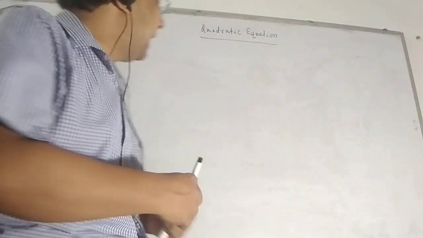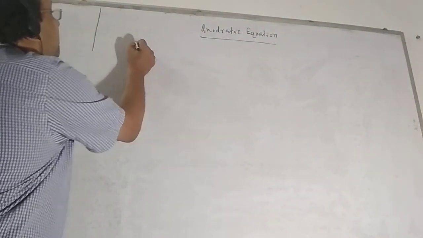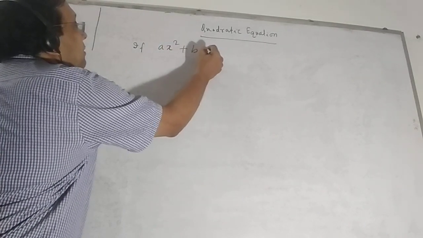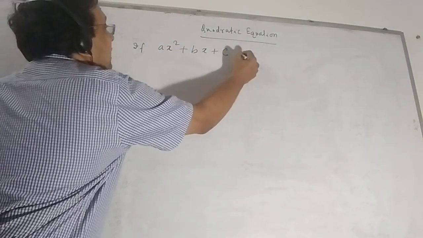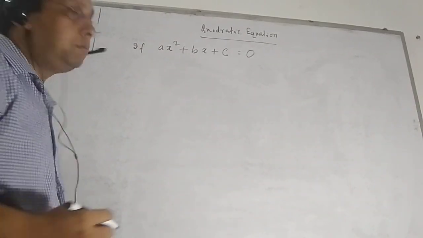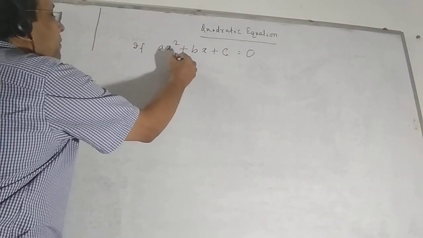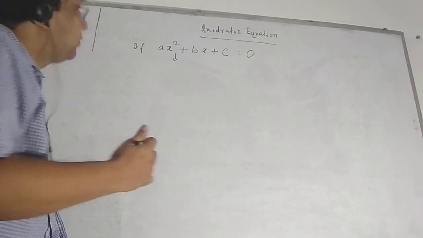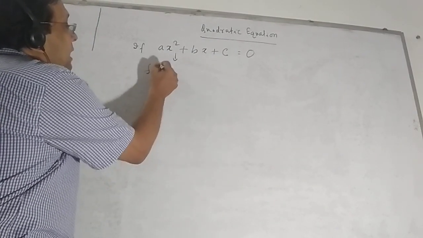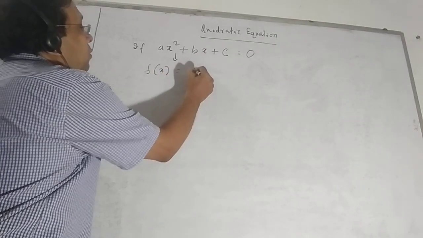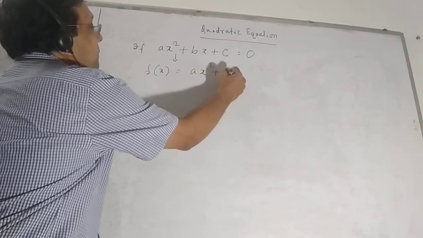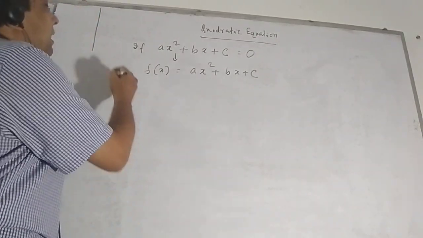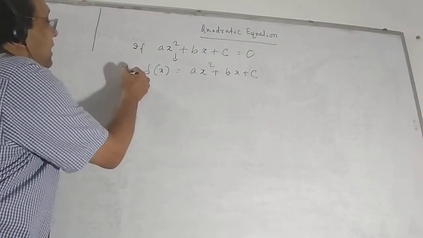So if ax square plus bx plus c is equal to 0, then its respective quadratic function we can also think in this way: f of x is equal to ax square plus bx plus c, and you can also write this as y is equal to f of x.